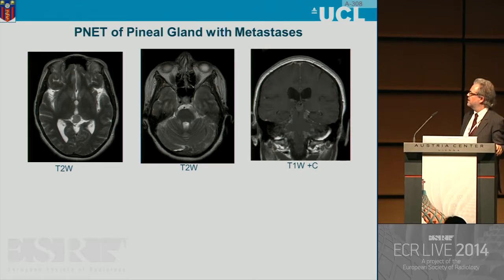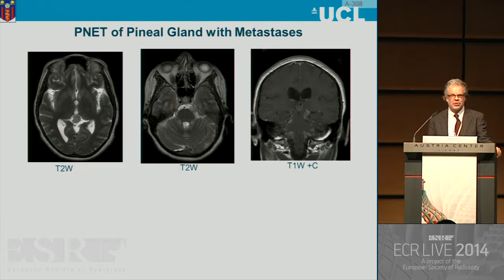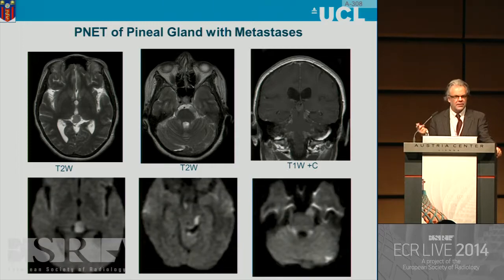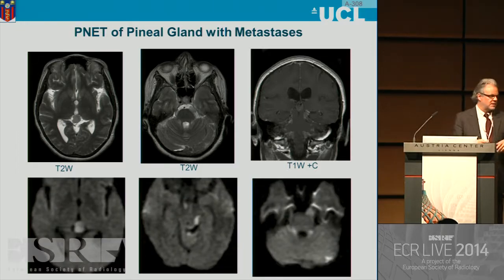The pineal tumor has seeded, and you see that there are metastases seeding along. So pineal tumors, you know, there's a lot of differential diagnosis. Ultimately, CSF is probably a good way to find out what it is. But in that case, diffusion-weighted imaging shows that this is, again, probably a primitive neuroectodermal tumor. It's bright on diffusion weighting, the primary, and look how you also see the metastases.